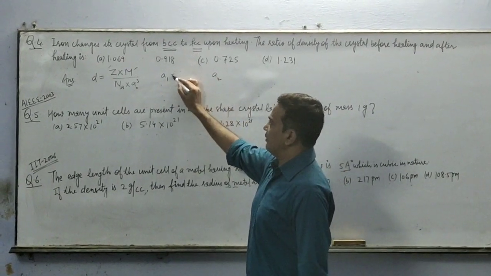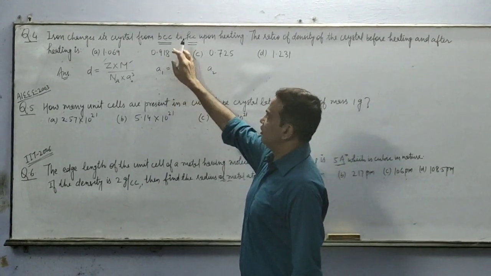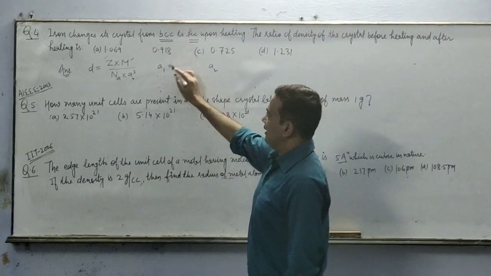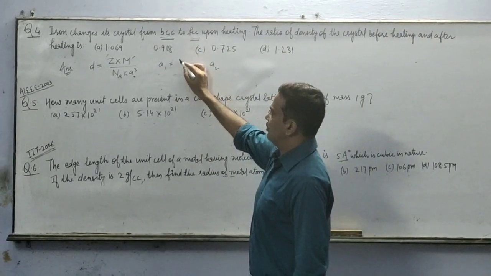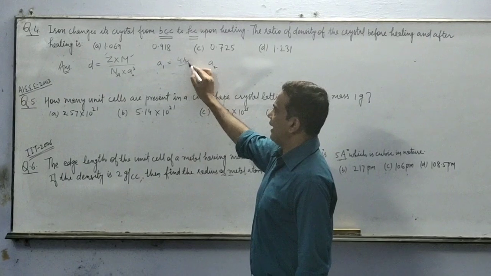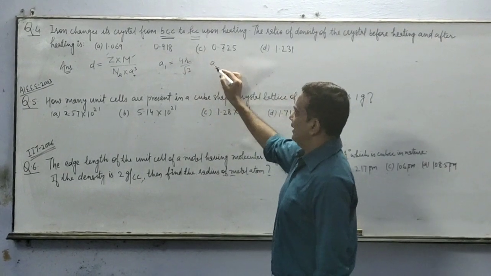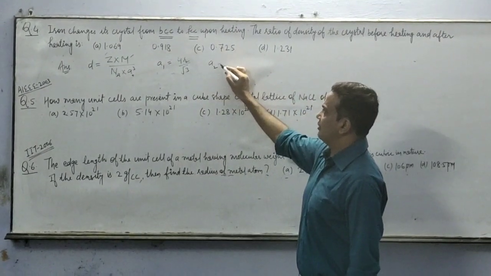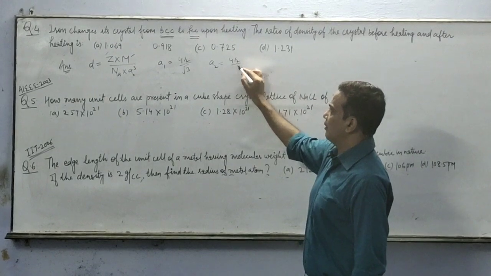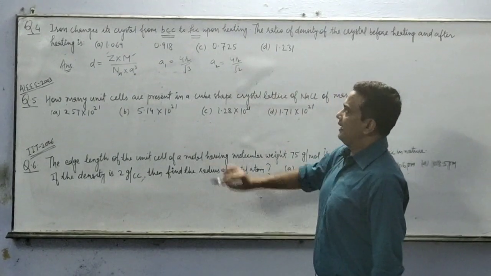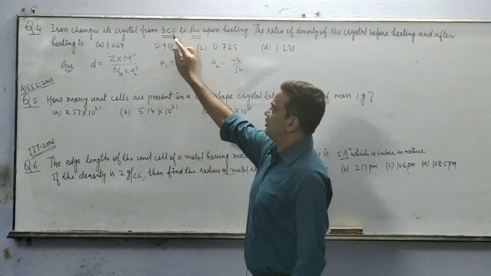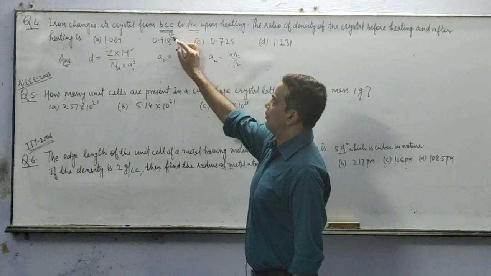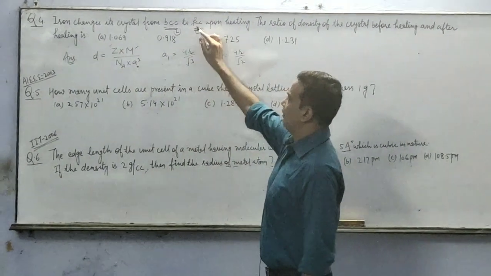Now the relationship between A and R for BCC structure is A1 is equal to 4R upon root 3, and A2 for FCC is 4R upon root 2, and the Z value for BCC is 2 and for FCC it is 4.